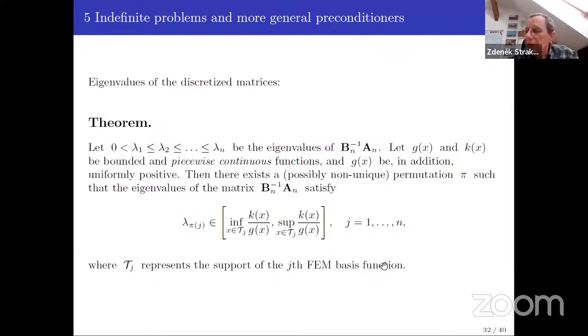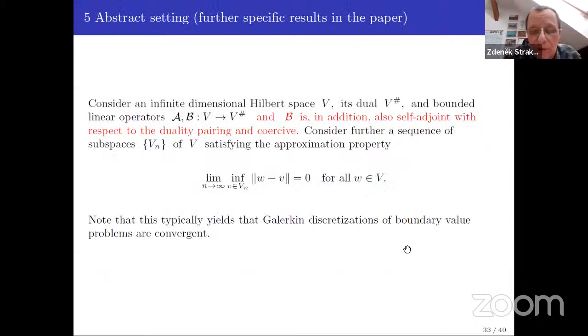But the main result here, and many other things can be done, but they can be found in the paper. So these are just slight generalizations of what we had in the previous papers to more general preconditioners that are relevant, for example, for piecewise constant or piecewise continuous preconditioners as we have.